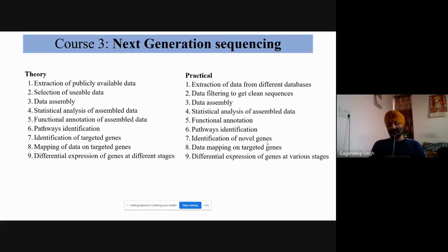This next generation sequencing is a huge area. For every plant, sequencing is currently ongoing. For Arabidopsis, the genome has already been completed. For human, the genome sequence is already completed. For buffalo, there may be other institutes as well working on next generation sequencing, and they have completed genomes.